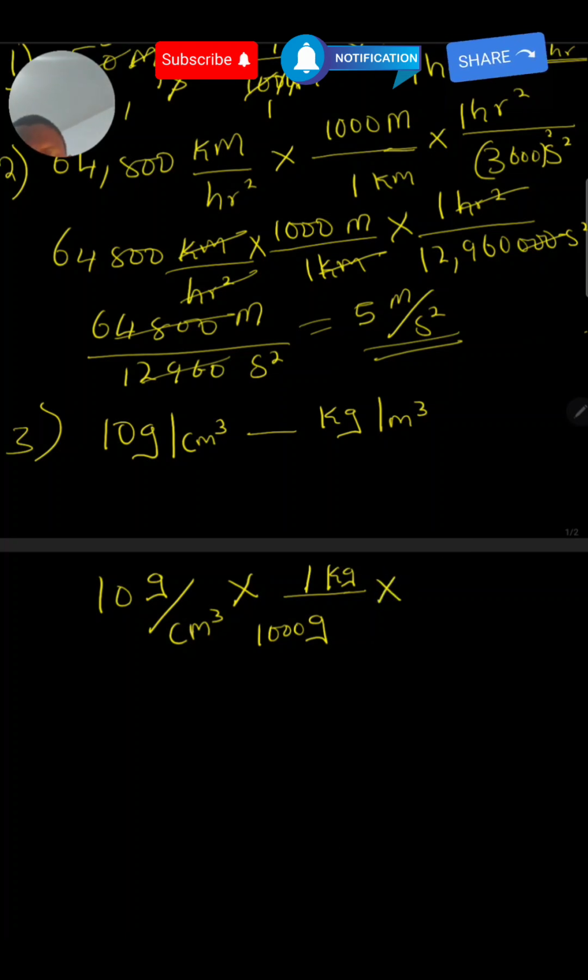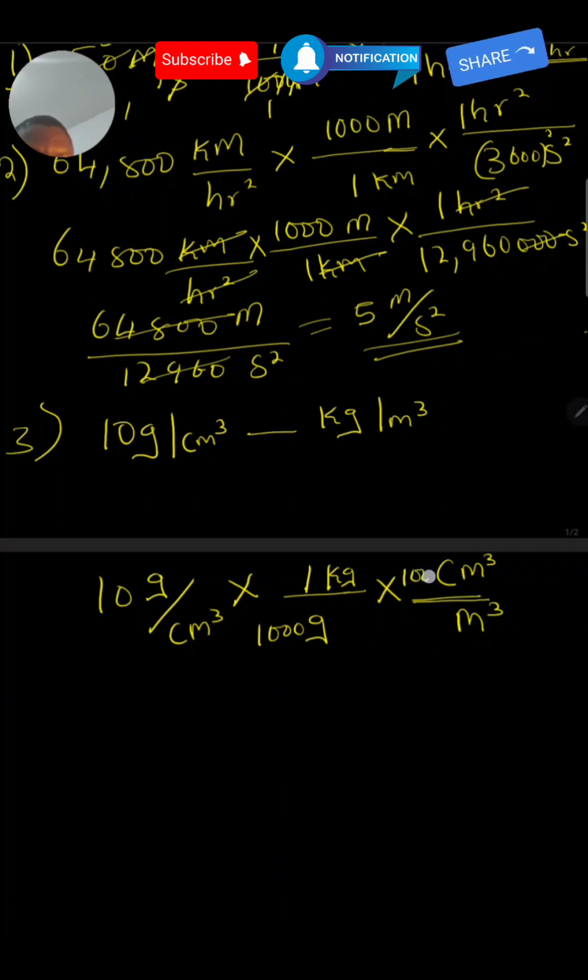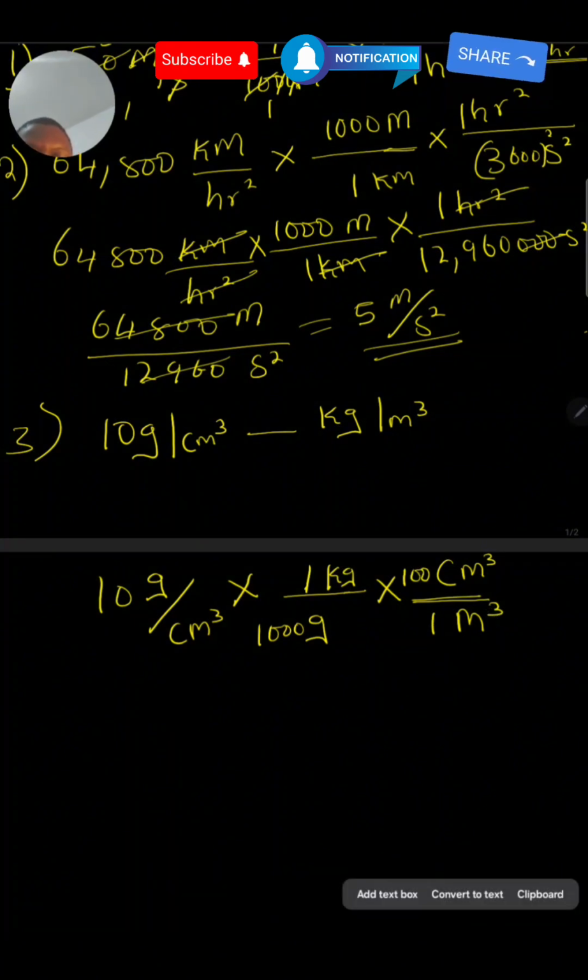So we also multiply again. Now we want to change cm cube to meter cube. Because cm cube is down, we need to write cm cube up, and then put meter cube down. Now what is the relationship between centimeter and meter? How many cm makes 1 meter? We know that 100 cm makes 1 meter. But in this situation, it is meter cube. So we need to take the cube of 100 and the cube of 1 meter.